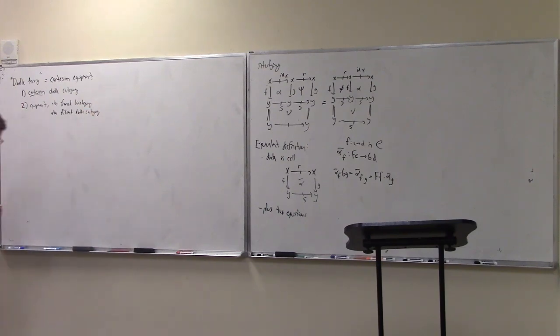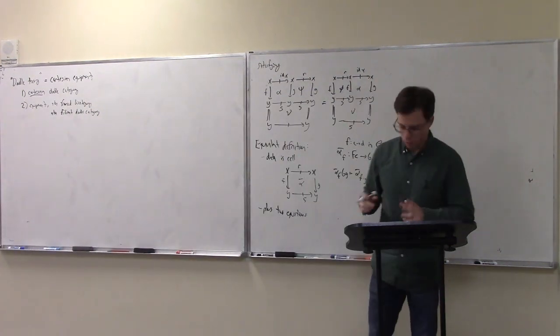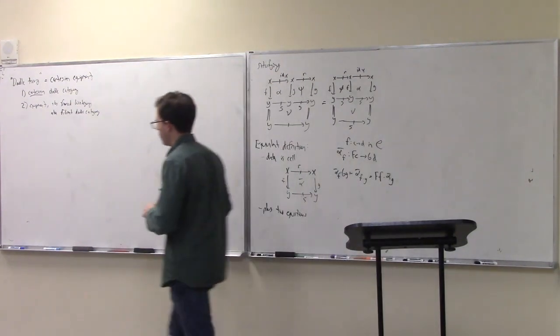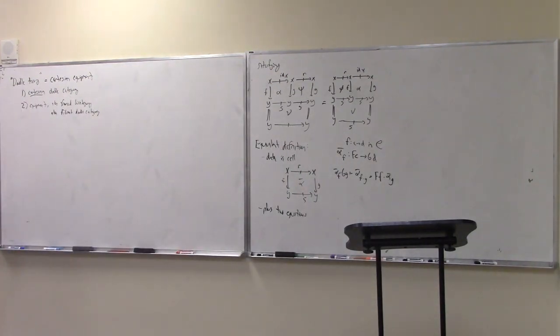I'm not going to go into a ton of detail about what these are, because to spell it all out would take quite a while. Instead, I just want to say what you can do in them and why you want them.